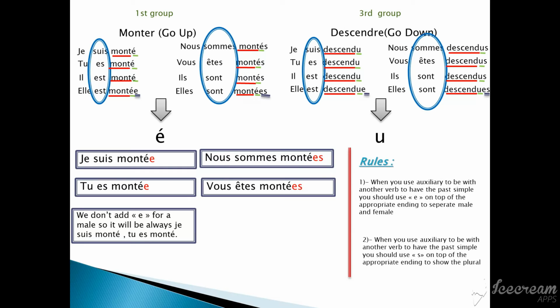So now, let's take a look at the verb descendre. We can see the same rule is applied. For female, like for subject pronoun elle, we have elle est descendue. The letter e at the end of the past participle of the verb shows well that we are talking about female, which means if I had to talk about myself, I would have said je suis descendue.